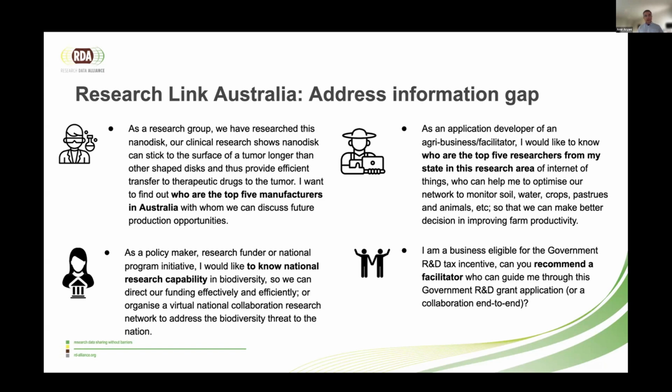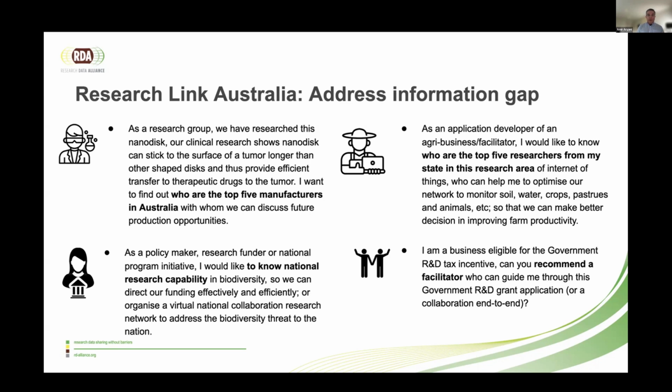On the industry side, there's always the need for access to talent, especially when you are in a high-tech environment. The innovation part requires access to the brains and the minds of researchers in universities.